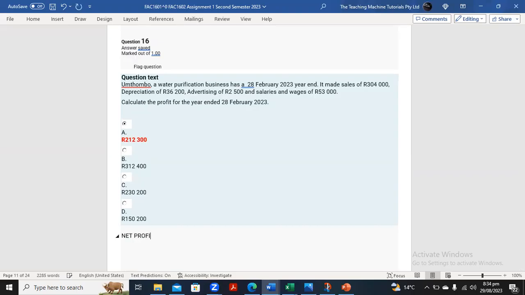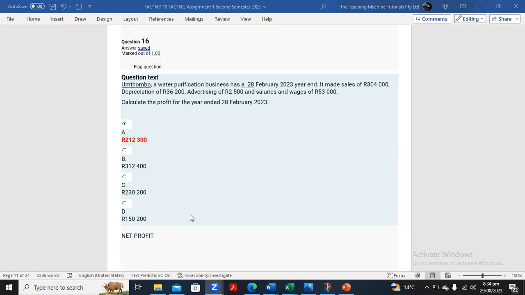Net profit, guys. If you want to calculate your net salary, how do you calculate it? Anyone? Net salary. Income subtract expenses.